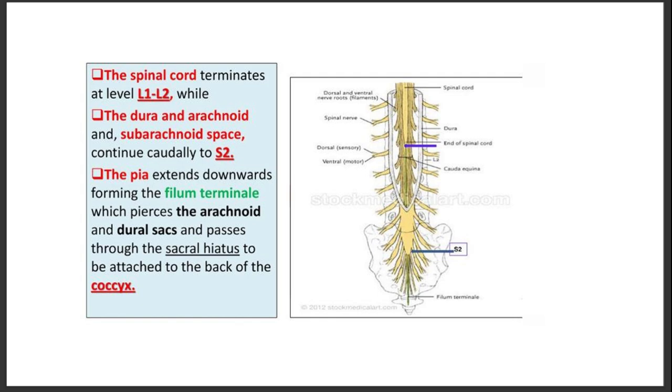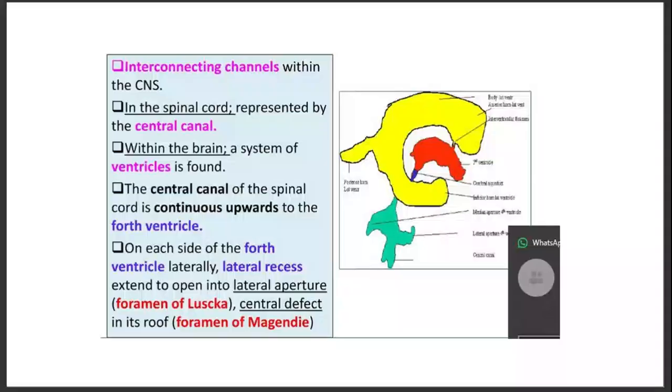The sacral bones have these openings, the sacral hiatus, to be attached to the back of the coccyx. So take note that this pia mater is attached all the way to the back of the coccyx, the filum terminale.